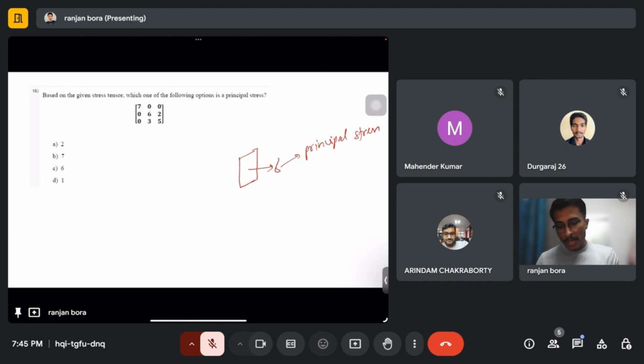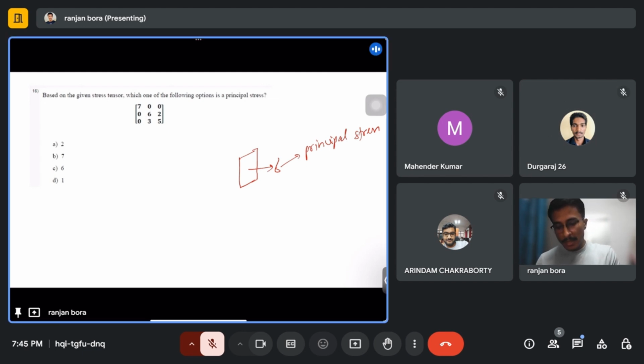Yeah, so you can see the first row and first column, this sigma xx is 7, then tau xy is 0, tau xz is 0, and so which plane is it representing? It is representing the x plane, right?